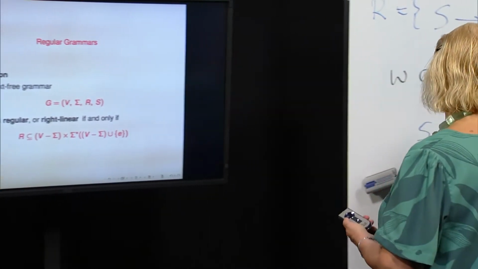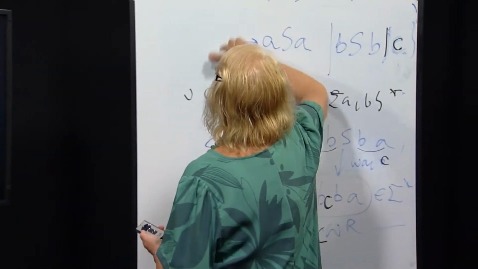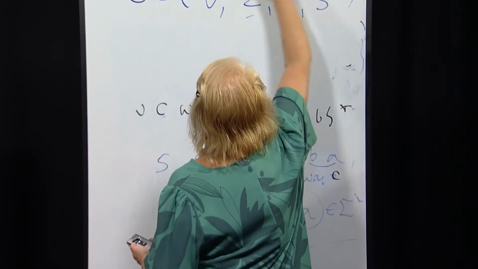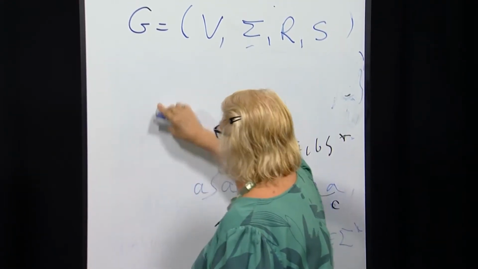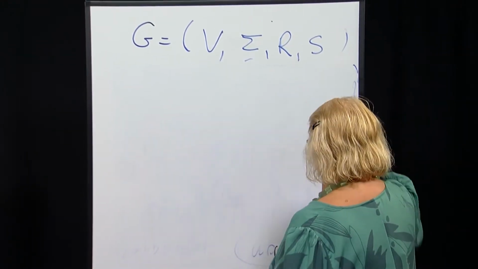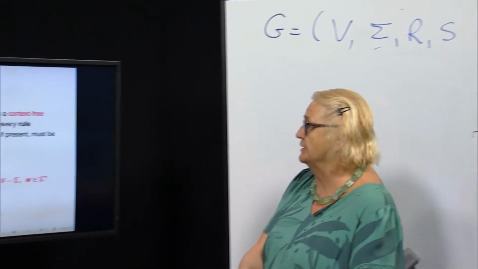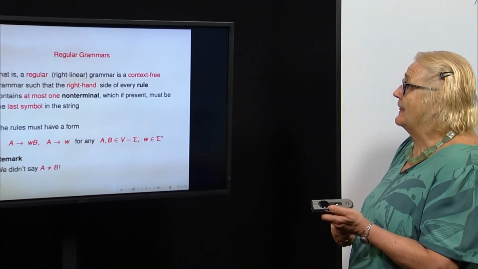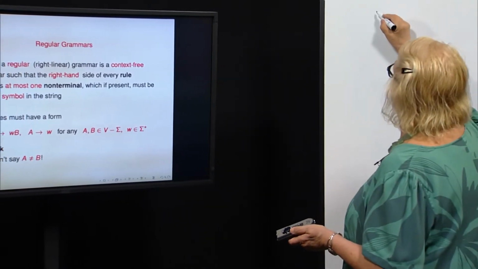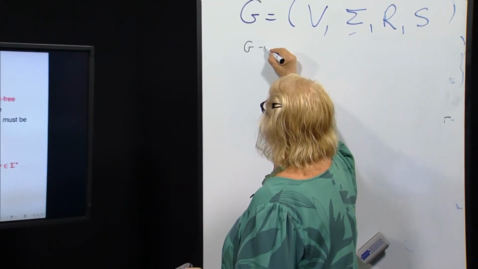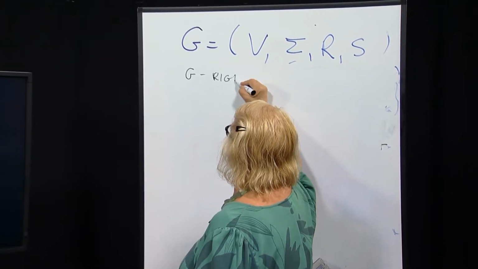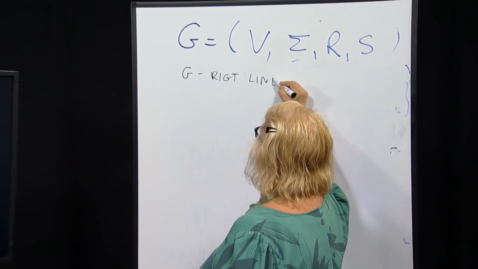So what does it mean? You write those rules. Really, when you look at this definition, it means that G is right linear.